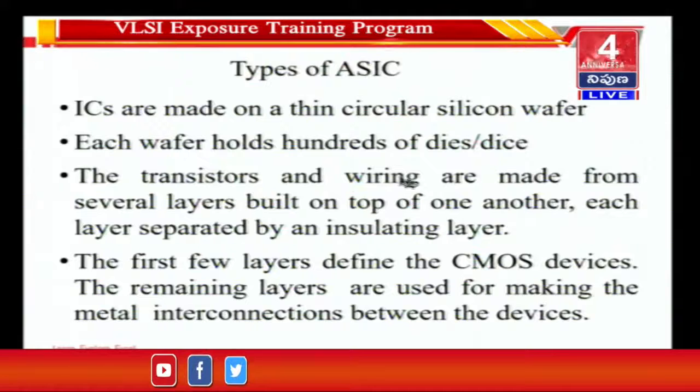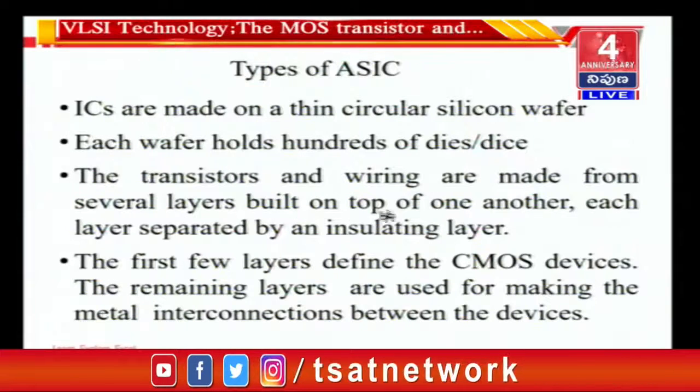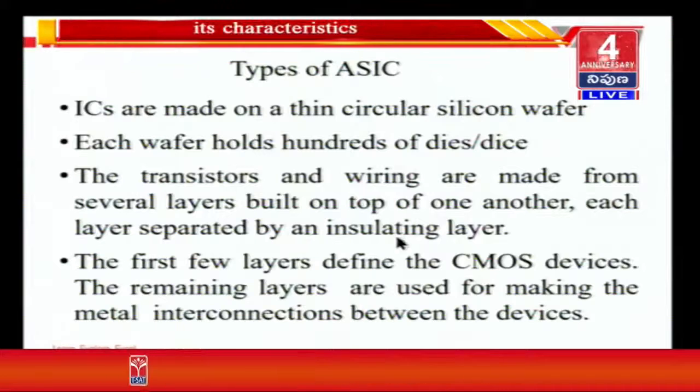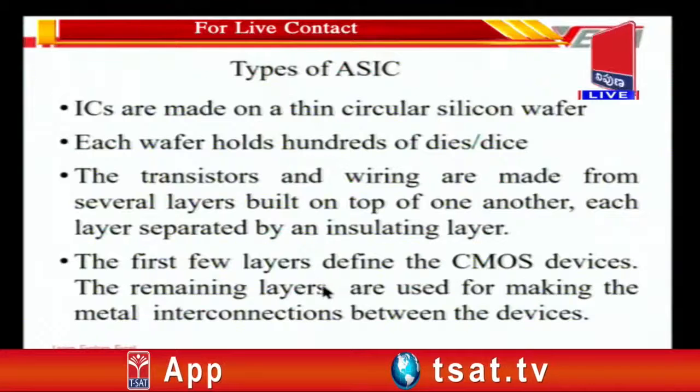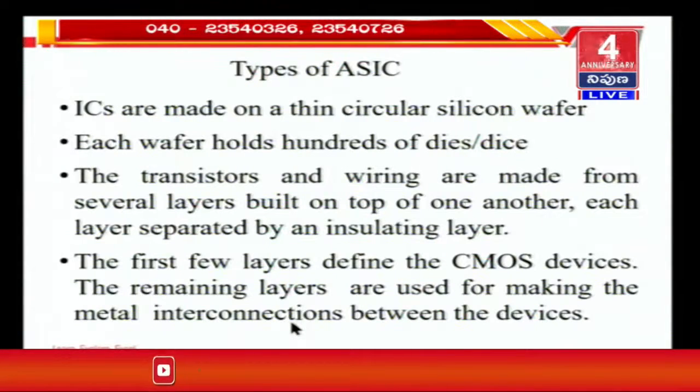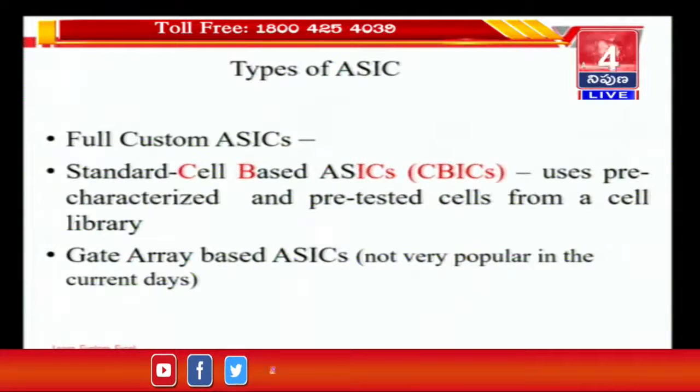The transistors and the wiring are made from several layers built on top of one another, each layer separated from the other by an insulating layer. The first few layers define the CMOS devices, and the remaining layers are used for making the metal interconnections between the devices. This is what we meant.